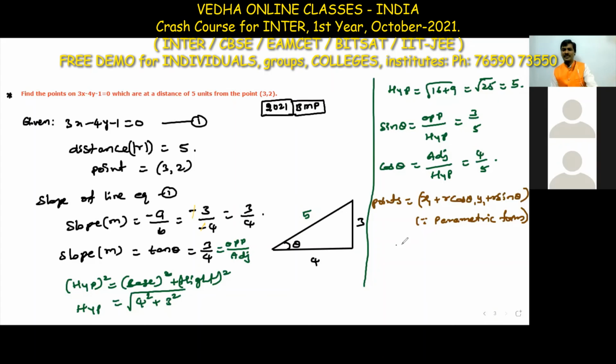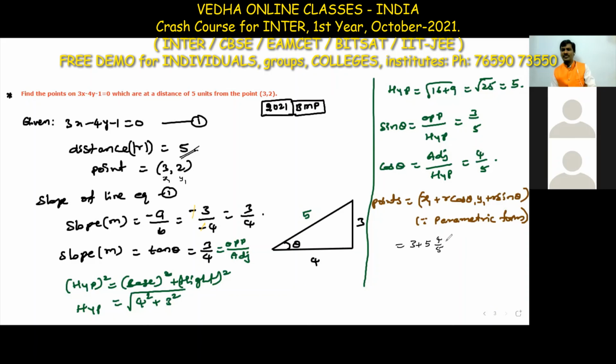Here, x1 is 3 and y1 is 2. So that is 3 plus r, and r is given in the question, so r value is 5, and cos theta is 4 by 5.